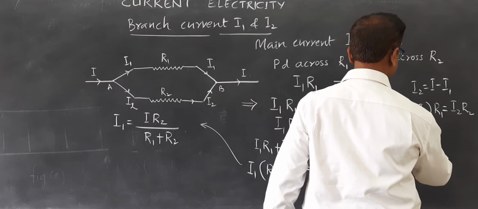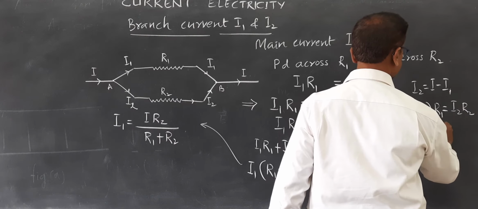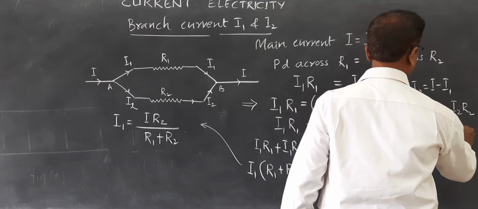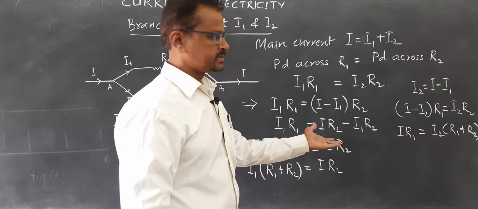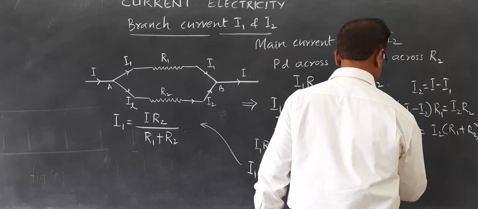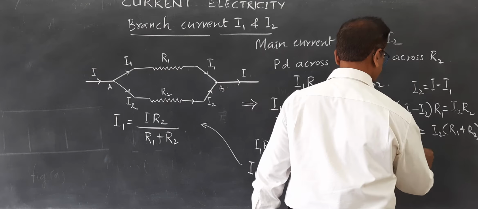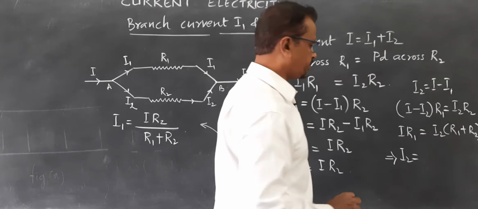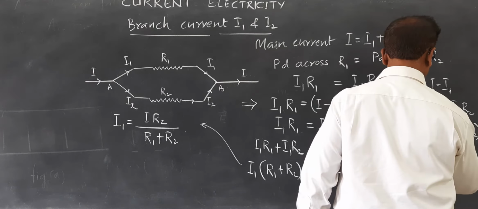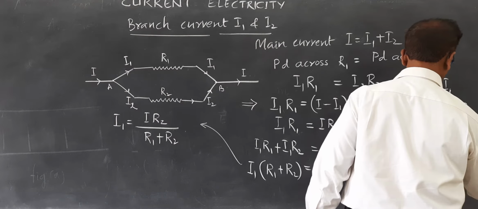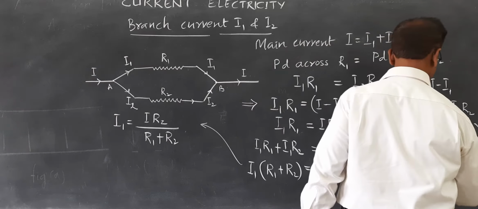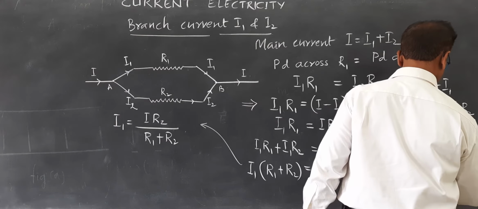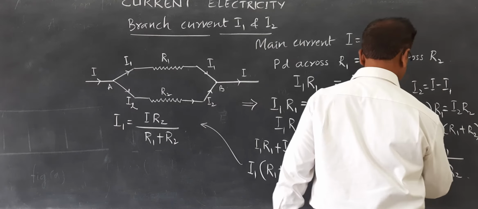Therefore, I R1 is equal to, taking this side, I2 into (R1 plus R2). Therefore, this implies another branch current I2 is equal to main current I into resistance of the other branch R1 divided by total resistance R1 plus R2.